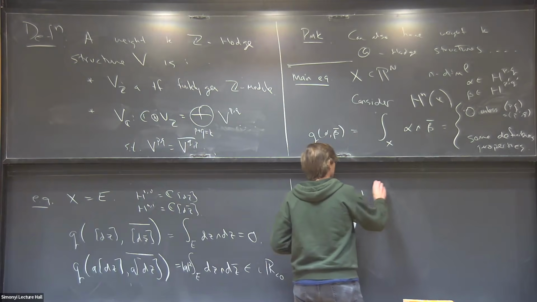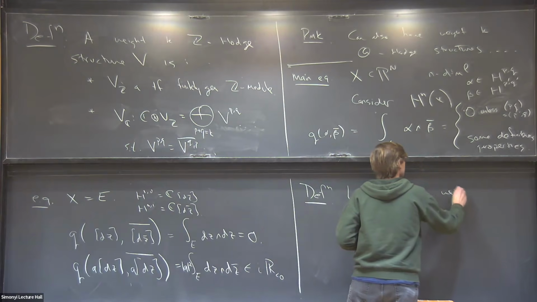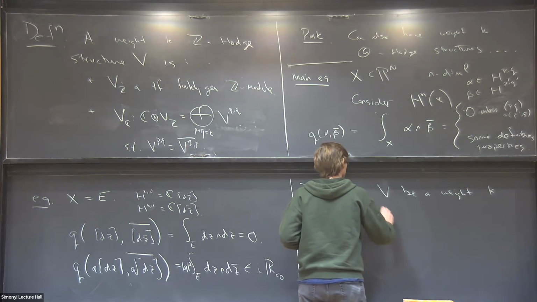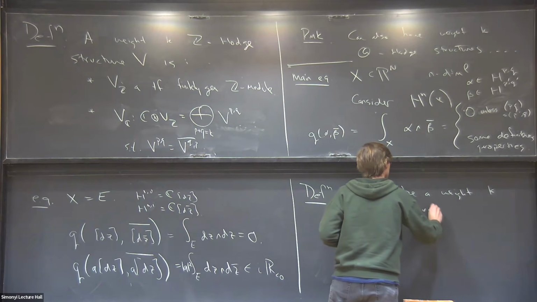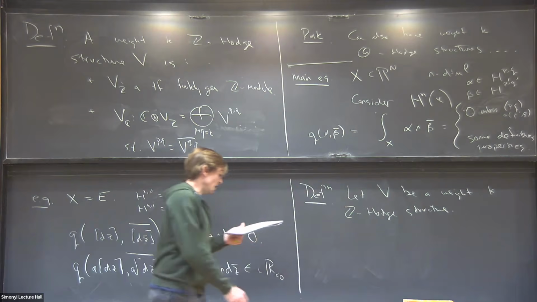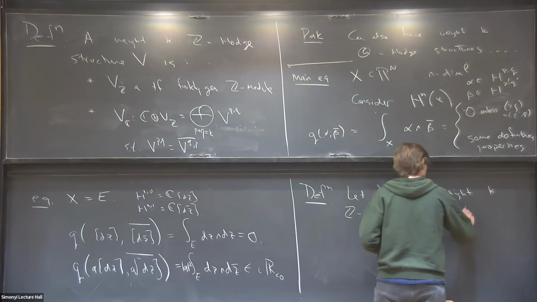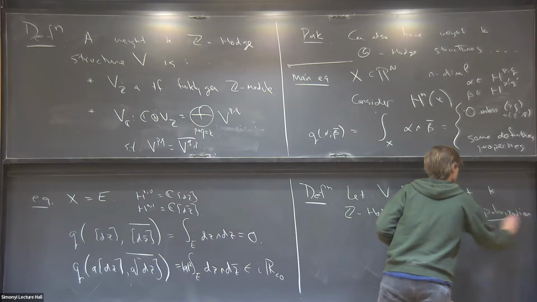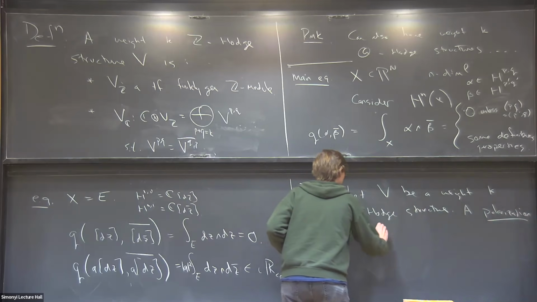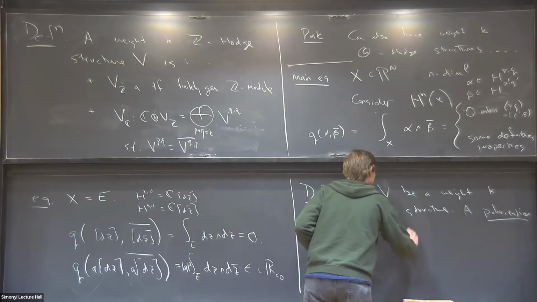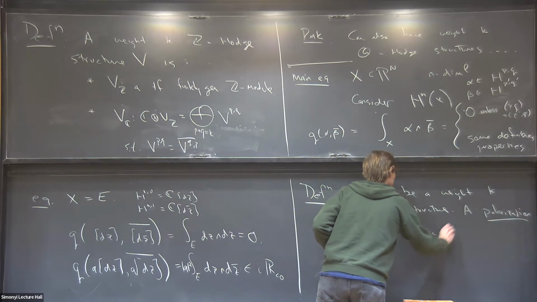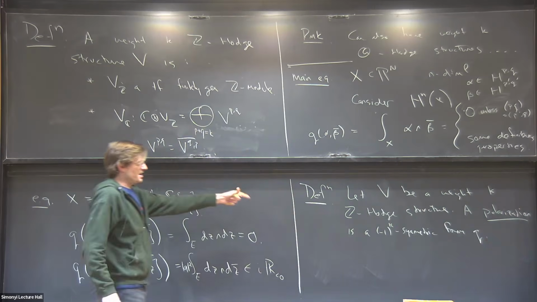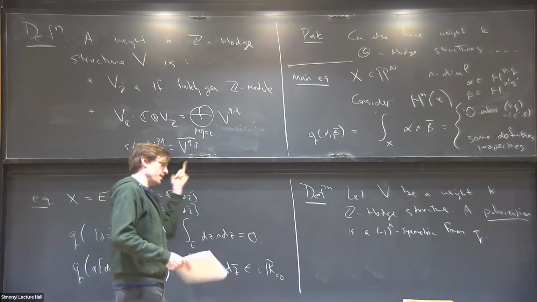So let V be a weight K Z-Hodge structure. A polarization is a (-1)^K symmetric form Q. By that I mean when K is even, it's symmetric, and when K is odd, it's anti-symmetric.